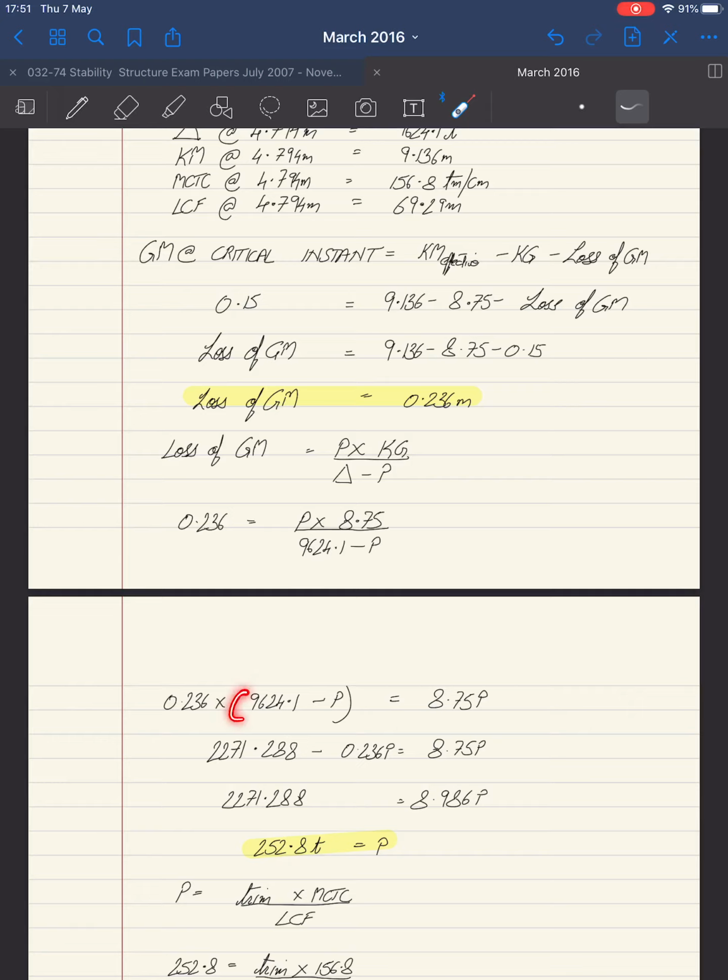When we open up these brackets, we will get 2271.288 minus 0.236P equals 8.75P, which will further give us 2271.288 equals 8.986P, because this P has gone on the right hand side. The P force has been found out to be 252.8 tons.